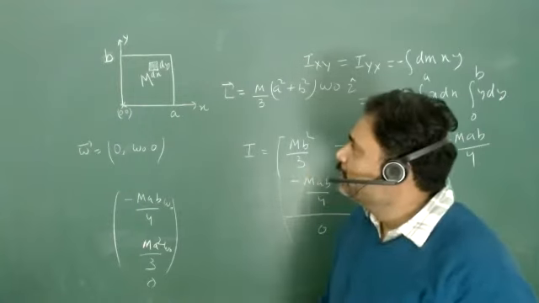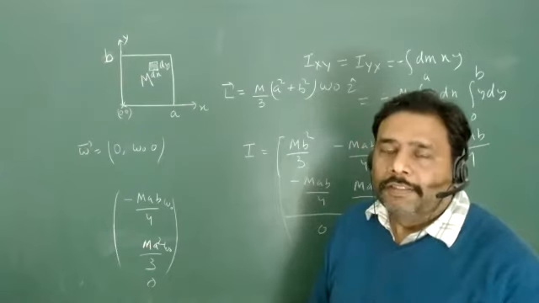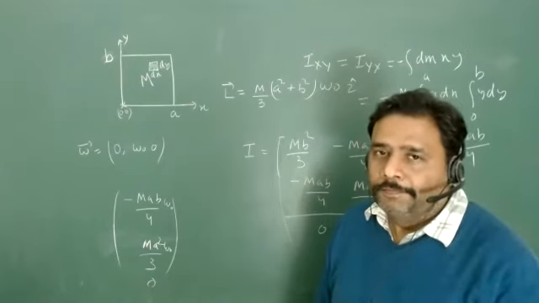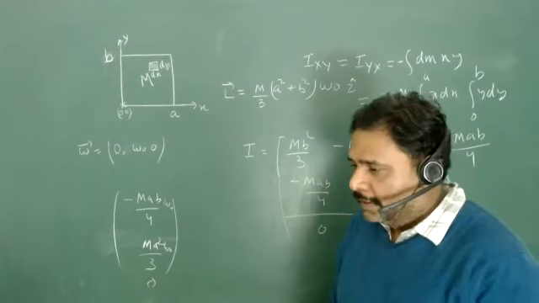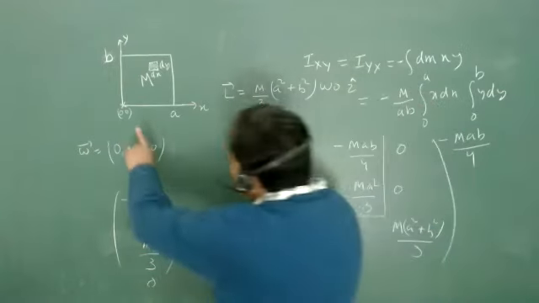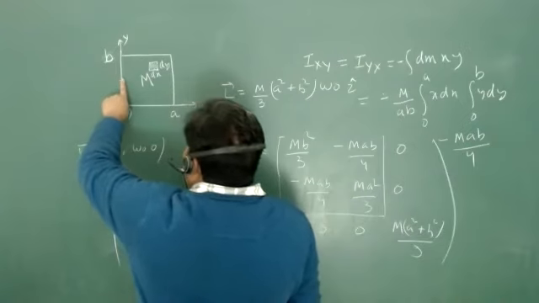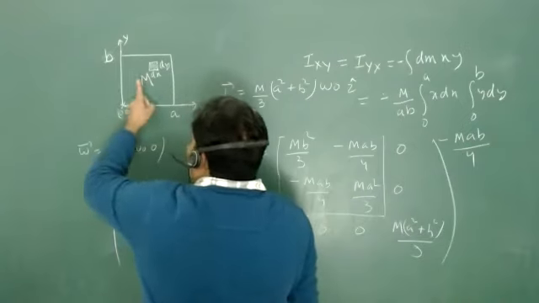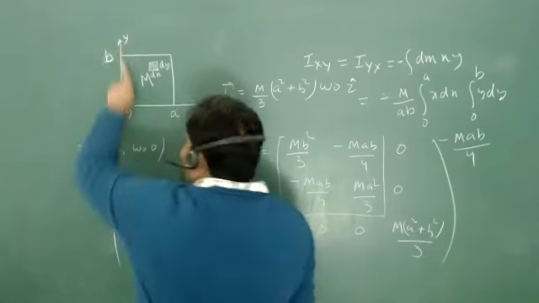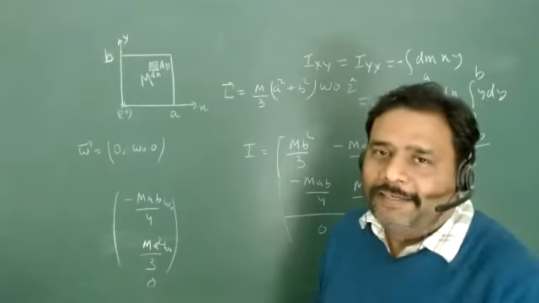So why is this an important thing? Getting moment of inertia about this axis is an entirely different thing. Getting angular momentum about this axis is an entirely different thing. Are you getting my point?